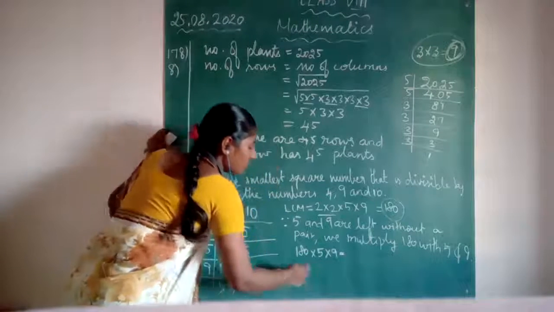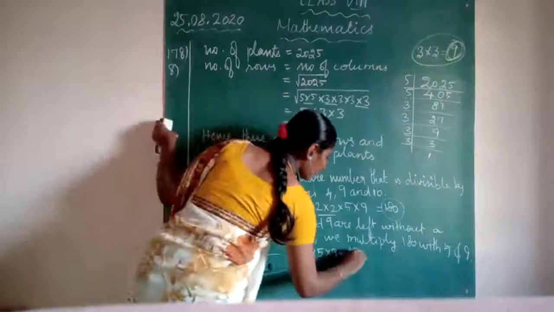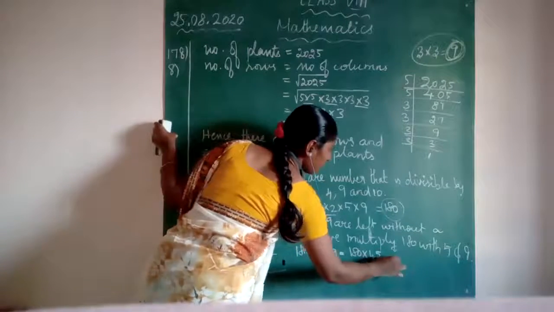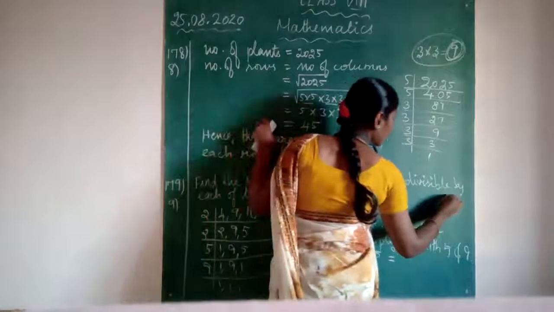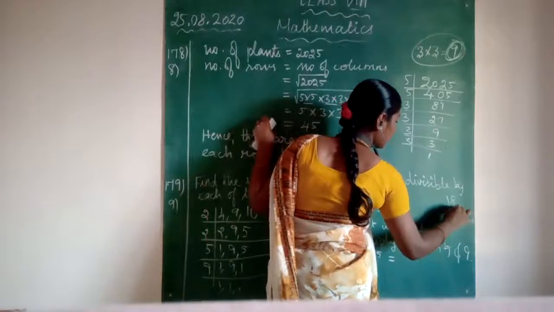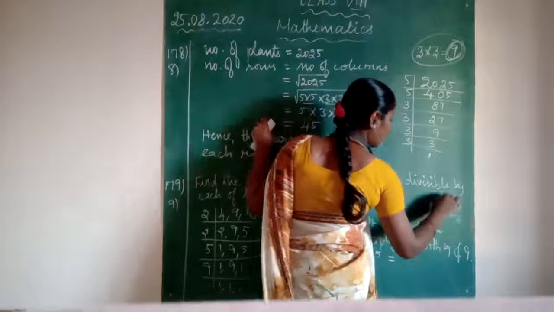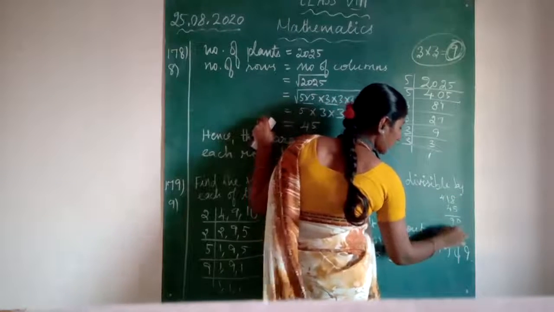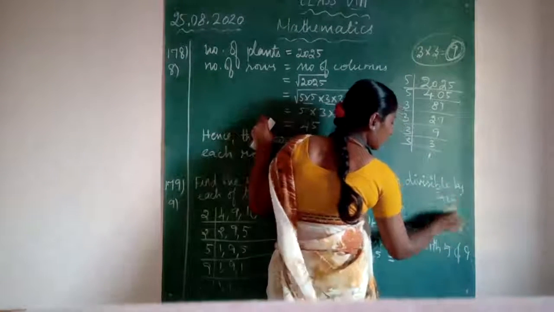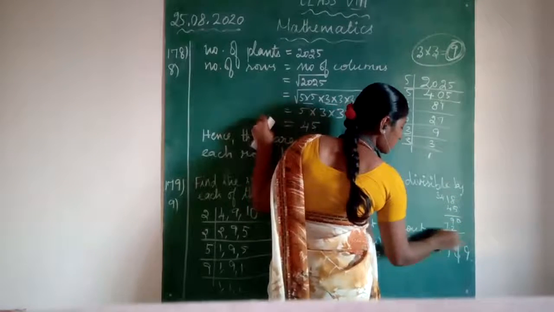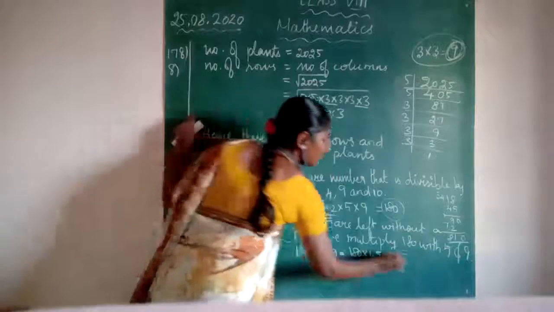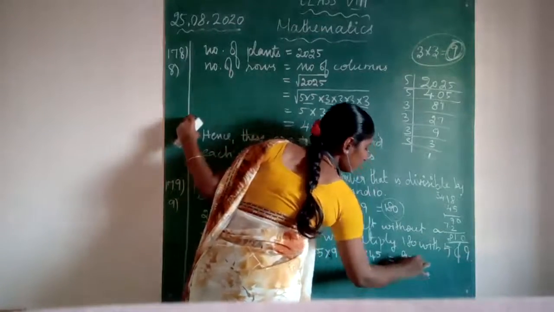So what is this? 180 into 45. Do it. 18 into 45: 8 5s are 40, 5 ones are 5 plus 4, 9, 8 4s are 32, 4 ones are 4, 4 plus 3, 7, 0, 810. So you will have 8100.